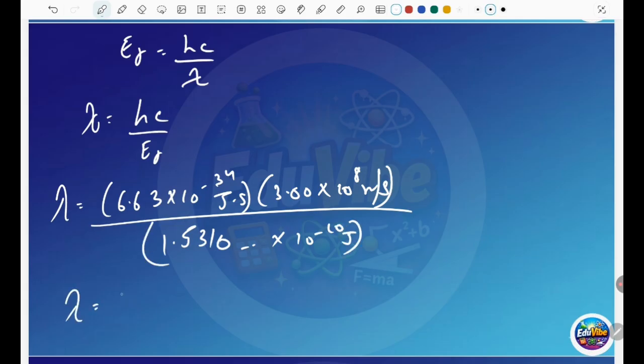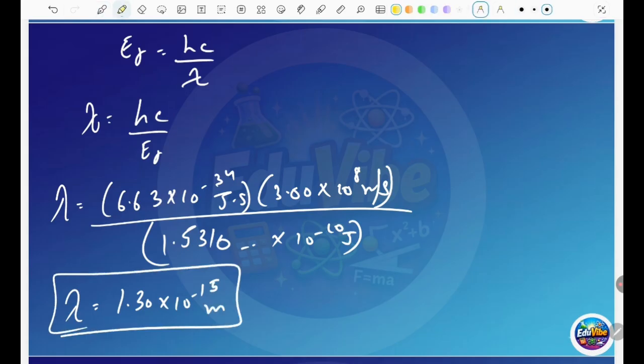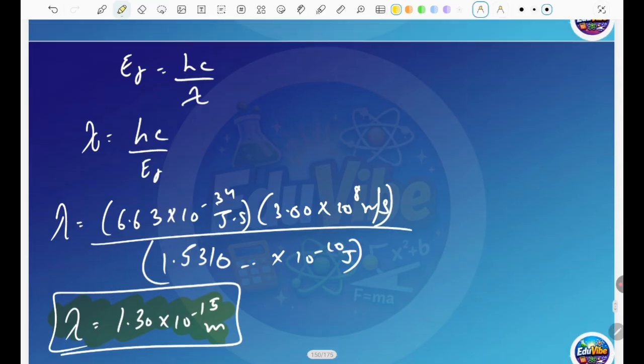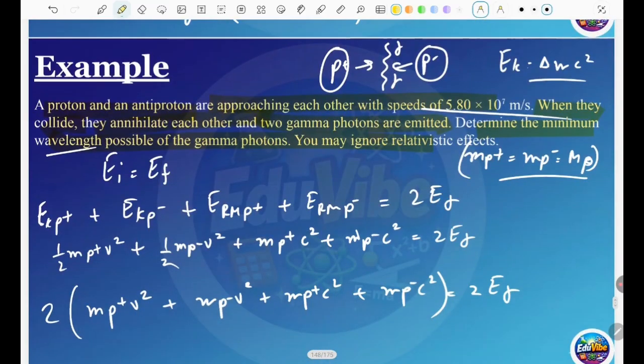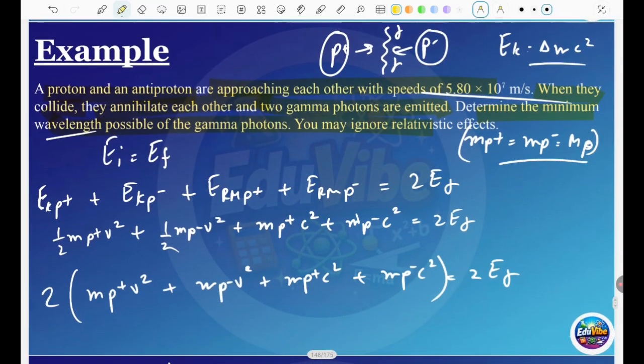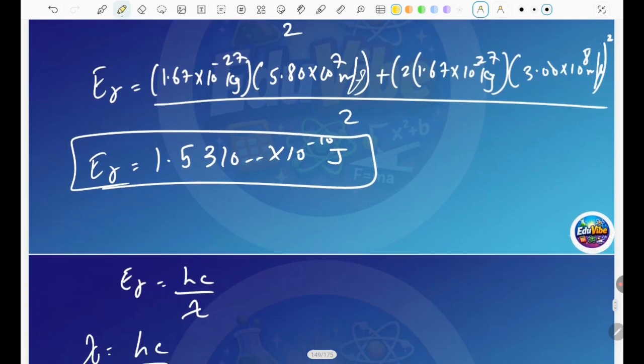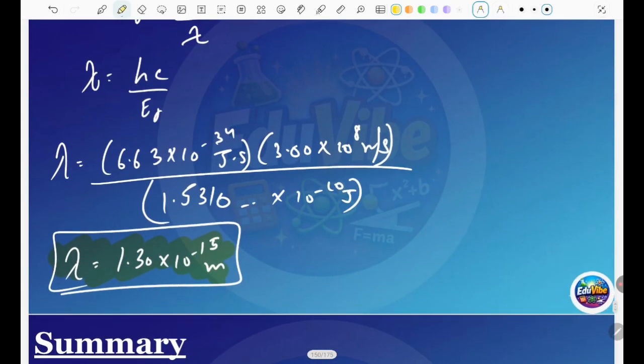When you calculate this, you get 1.30 times 10 raised to minus 15 meters. And this is your wavelength. That's how you can find the wavelength, and make sure that when the kinetic energy is non-negligible, you can't cut these two things. These things have to be there, and you have to calculate all the things like this and get your wavelength.